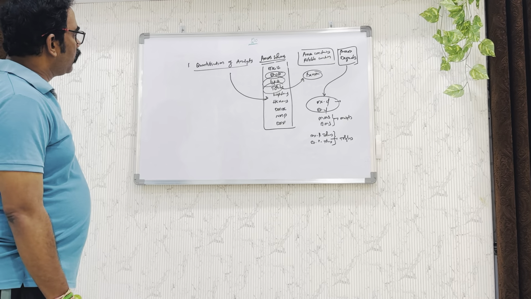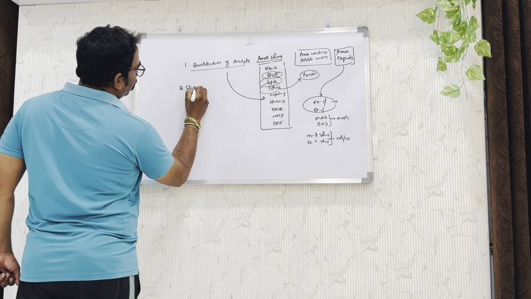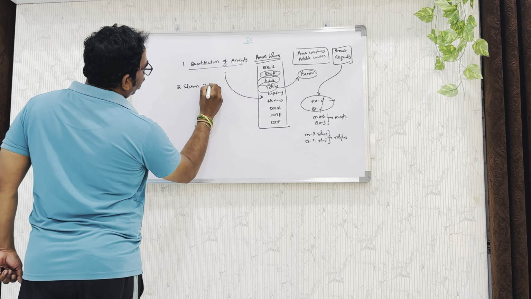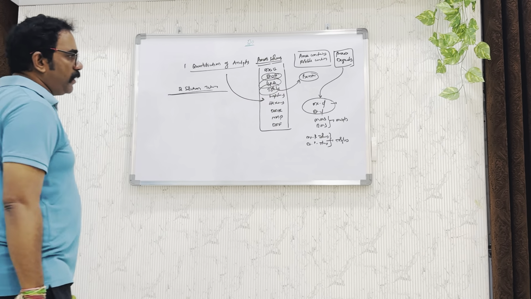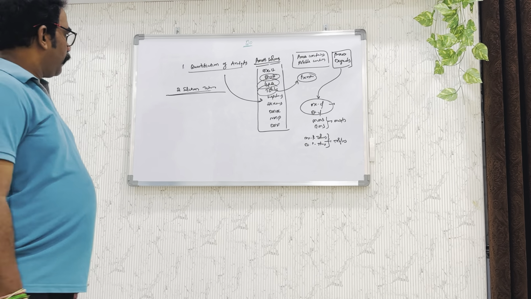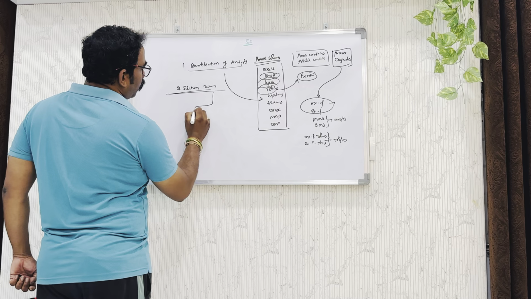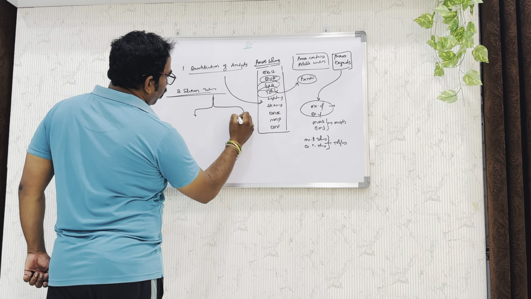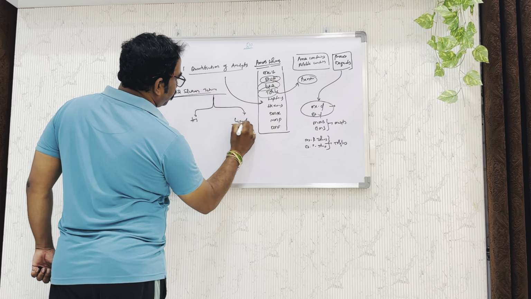Now it comes to the second one, selection of technique. The selection of technique in GC is the most important. We can divide it into 2 parts. One is headspace, one is liquid injection.